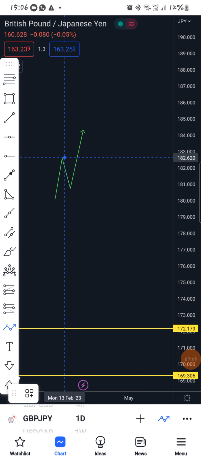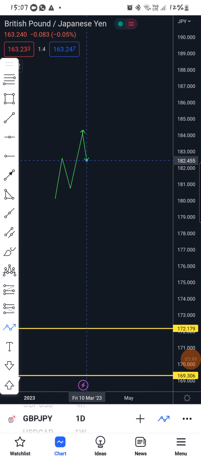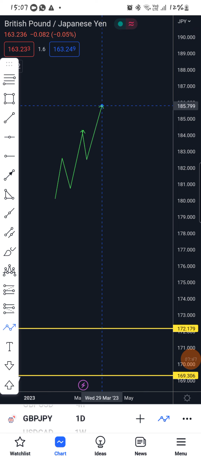The market would go all the way up, break the resistance here, and then pull back to the same area where it broke. It was just moving like that, easy like that. That is why we developed support and resistance strategies, those kinds of things.